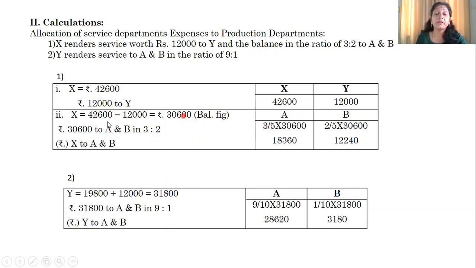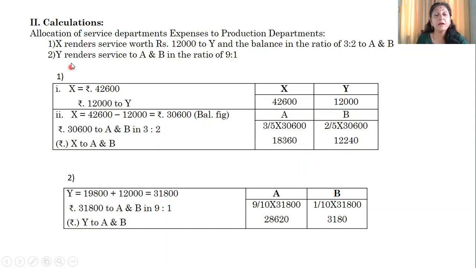So we deduct the 12,000 rendered to Y, and the balancing figure is apportioned to A and B in the ratio 3:2. We calculate 18,360 and 12,240 for A and B respectively.